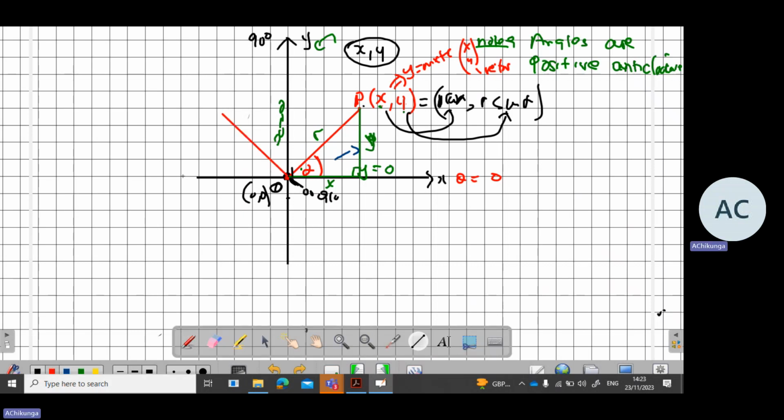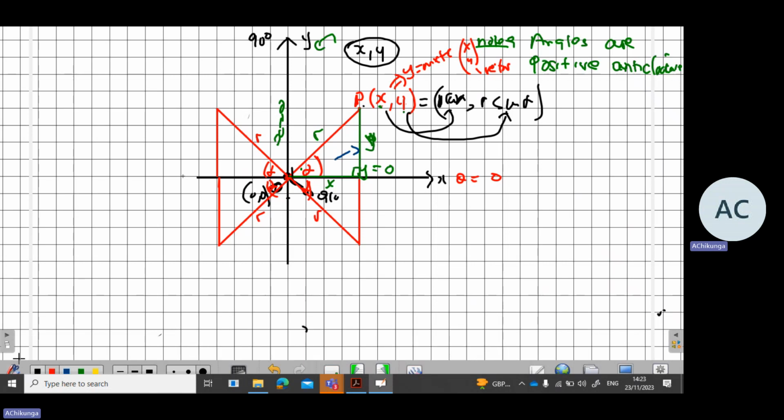The same triangle is here, it's going to be here, and it's going to be here again. Now, these triangles all have the same angle, alpha. And they all have the same r. Like I said before, r is just a scalar quantity, the hypotenuse.